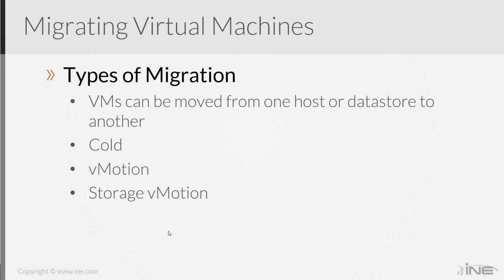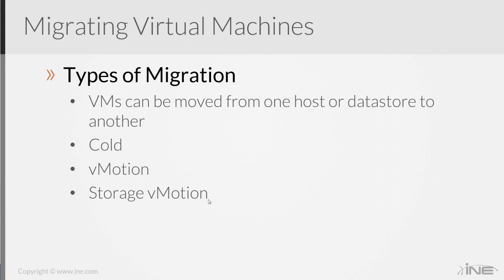All right. A cold migration. This is a migration type where we'll move a virtual machine from one host to another whilst it is powered off. So we could manually power off a virtual machine on a host and manually copy that file over to a different host. That would be an example of a cold migration. With a vMotion migration, this is where we are moving a virtual machine from a host that is powered on to another host that is powered on.